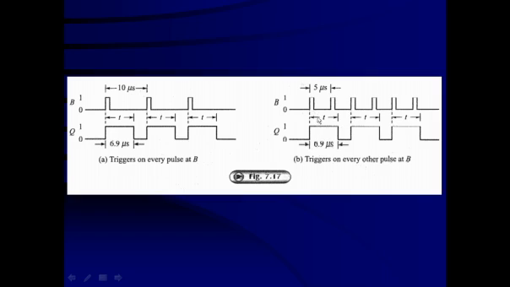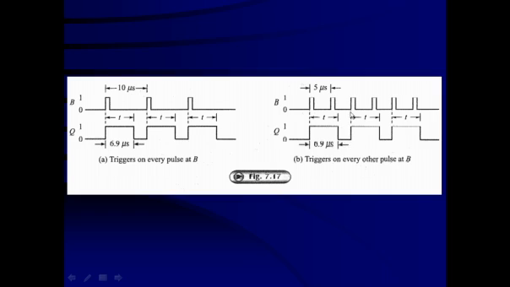Before that, the second positive transition has occurred, but it does not respond to it because it is not retriggerable. So it times out only after 6.9 microseconds, and after that it is in the stable state.